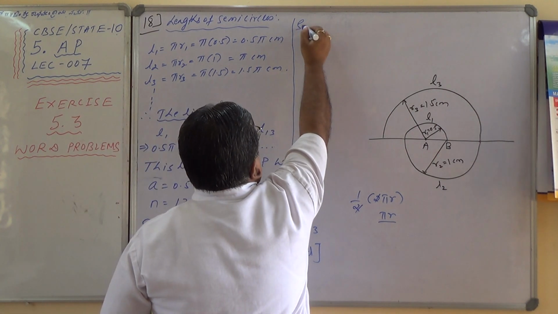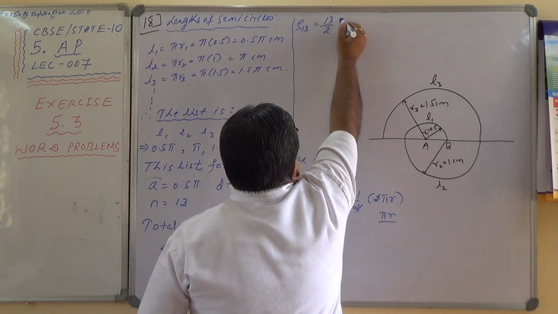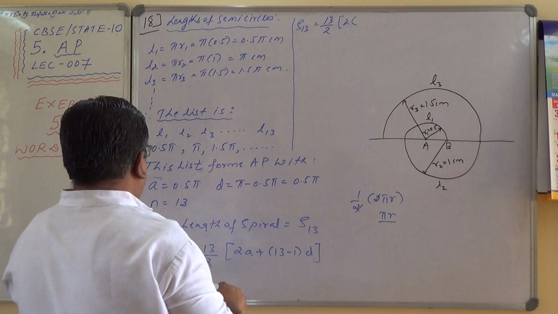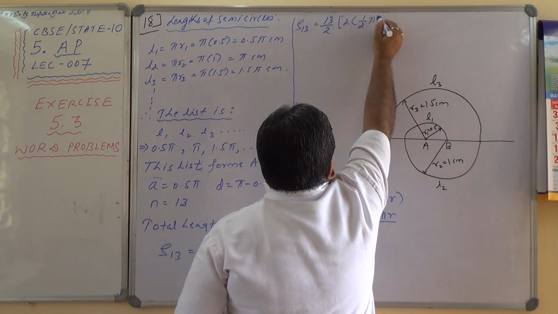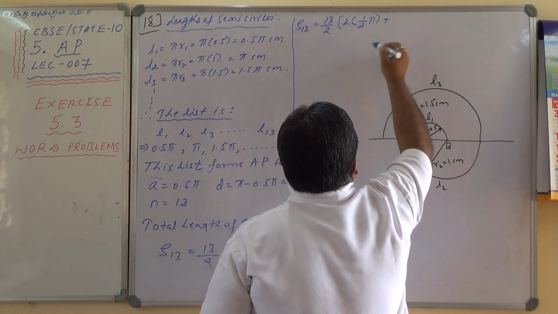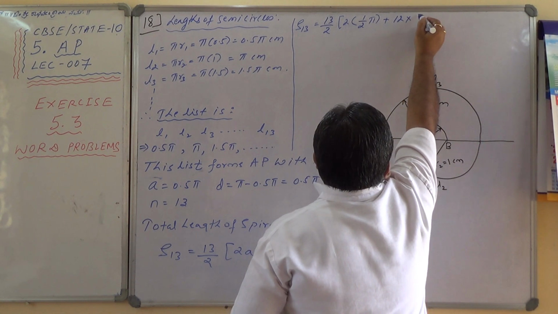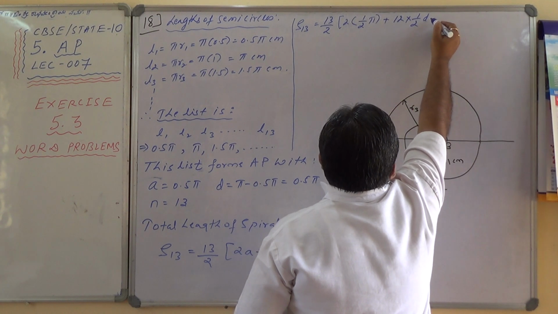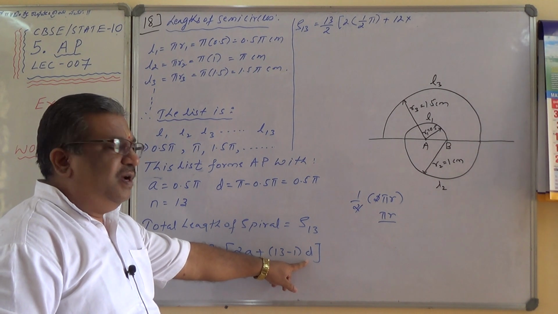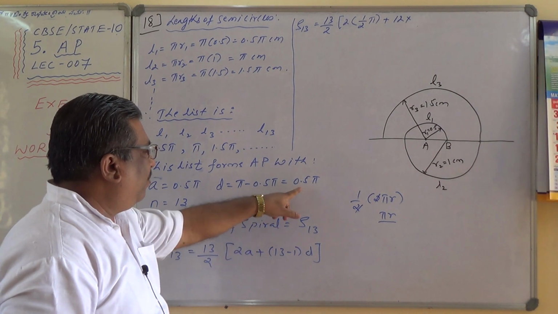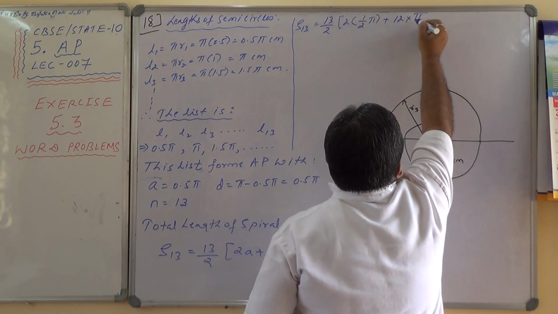S13 equals 13 by 2 into bracket 2 times A. A is 0.5 pi, which can be written as half pi, plus 13 minus 1, 12 into D. D is 0.5 pi, which can be written as half pi, so pi by 2.